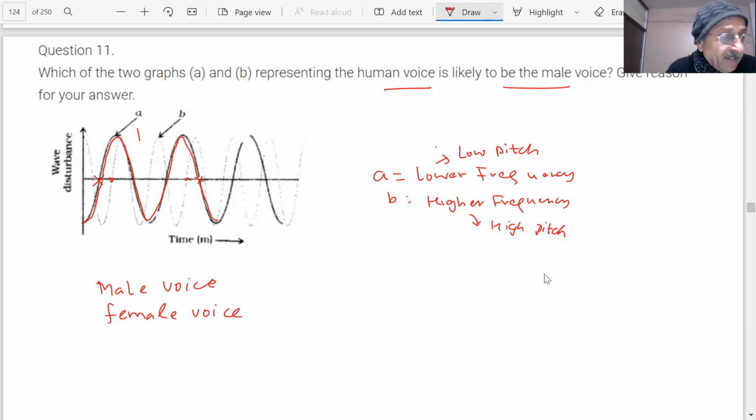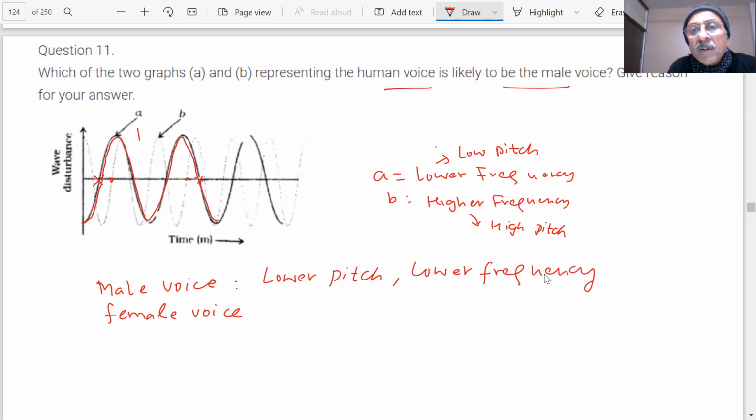And the male voice has lower pitch, lower frequency. Then which is the correct answer? A. Then A. Answer is graph A.